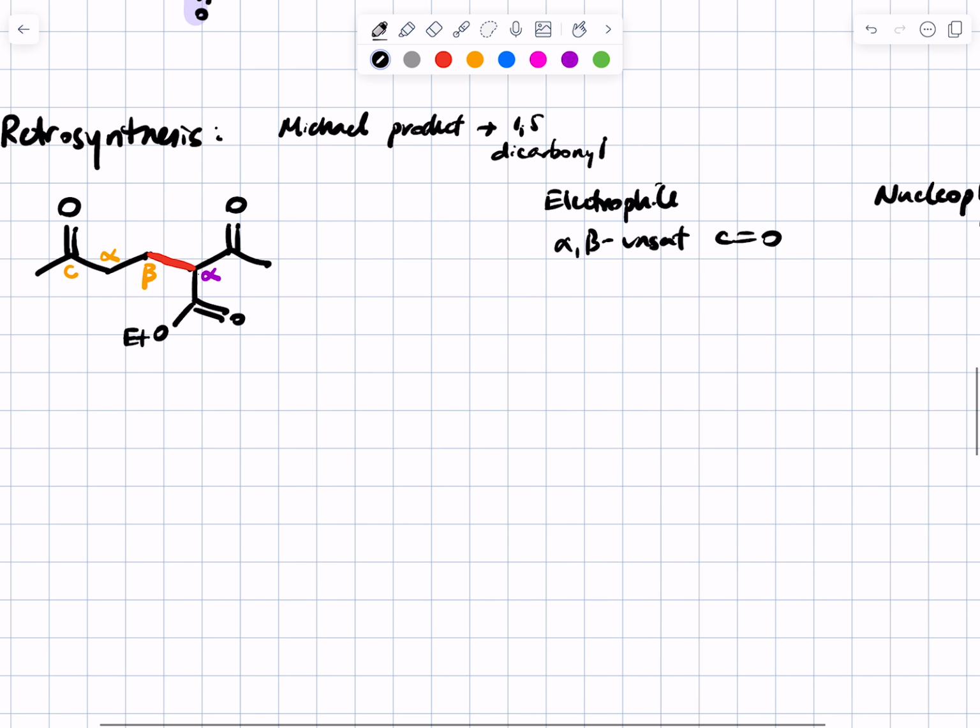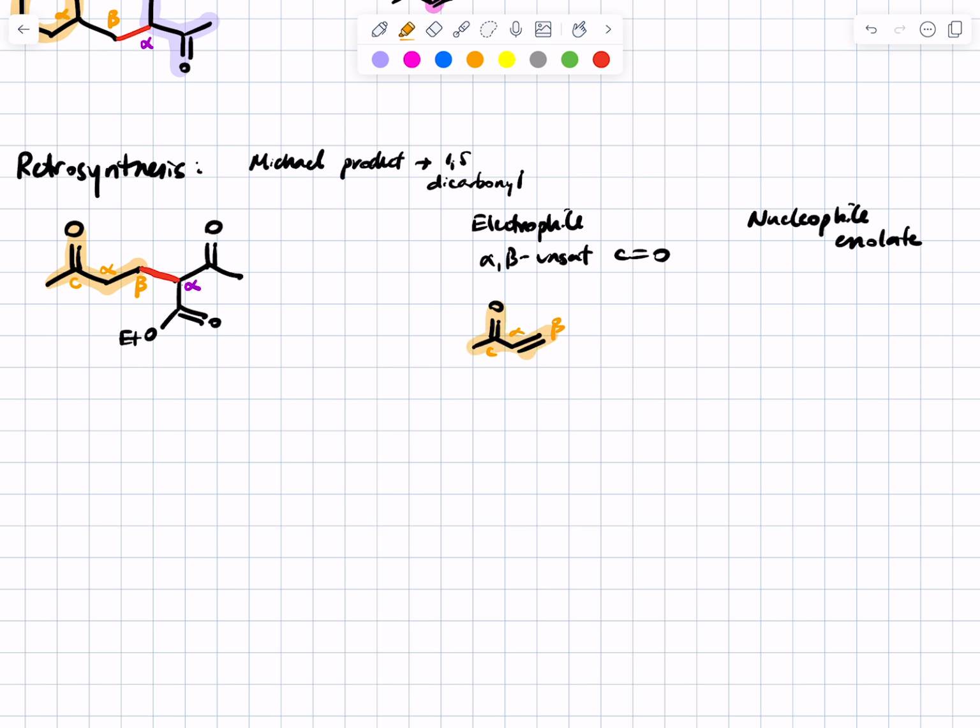If you break it apart in that direction, then your electrophile is this molecule, this alpha-beta unsaturated carbonyl compound, and your nucleophile should be this portion, and we'll just draw the enolate. Though, of course, if we were going to draw our starting material, we would draw the conjugate acid of the enolate. Here's the purple alpha carbon. Here's the negative charge on it.